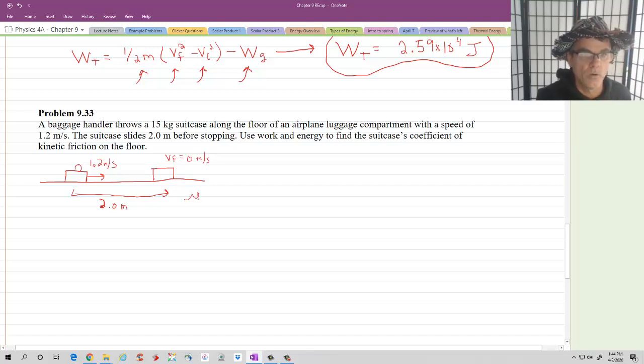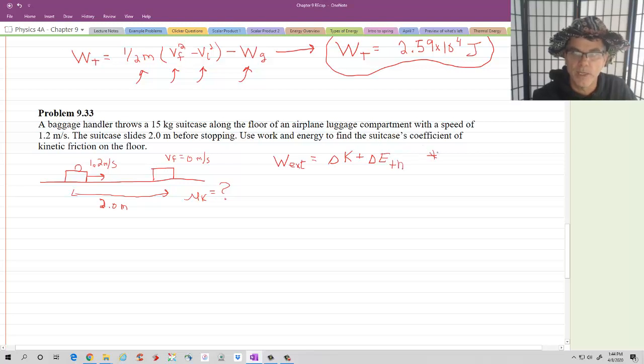And we want to know what is the coefficient of kinetic friction. So again, our work-energy principle says that the total work done by all external forces equals the change in kinetic energy plus the change in thermal energy.